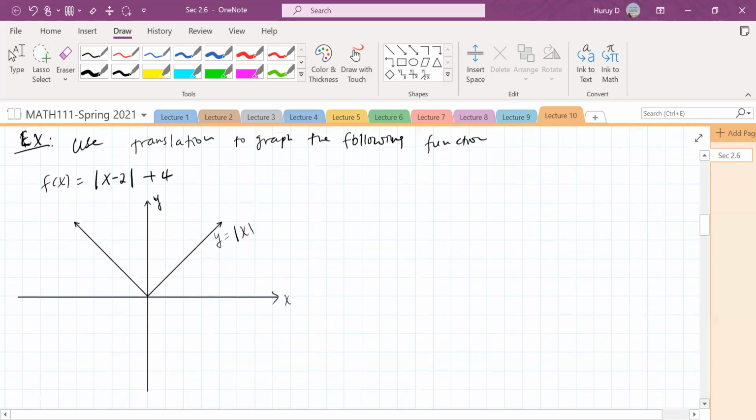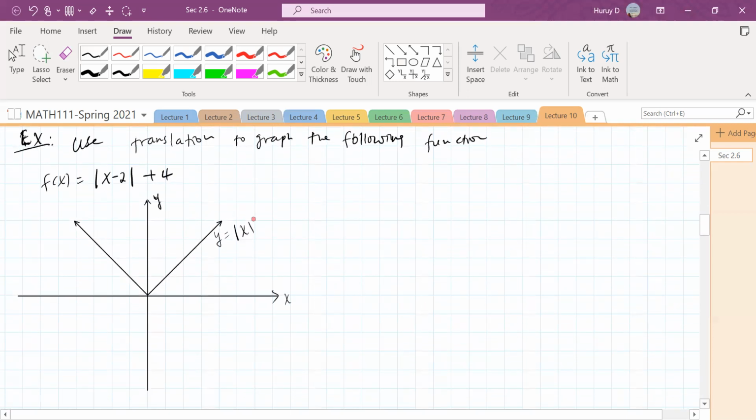Suppose we have this function, and I put the graph of the parent function here, and we are asked to graph f of x equals the absolute value of x minus 2, plus 4. Inside the absolute value we have x minus 2, and then we have plus 4.